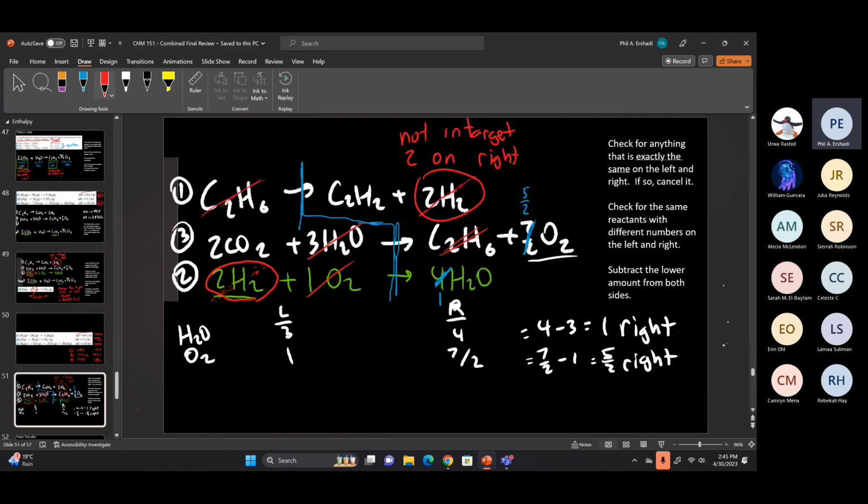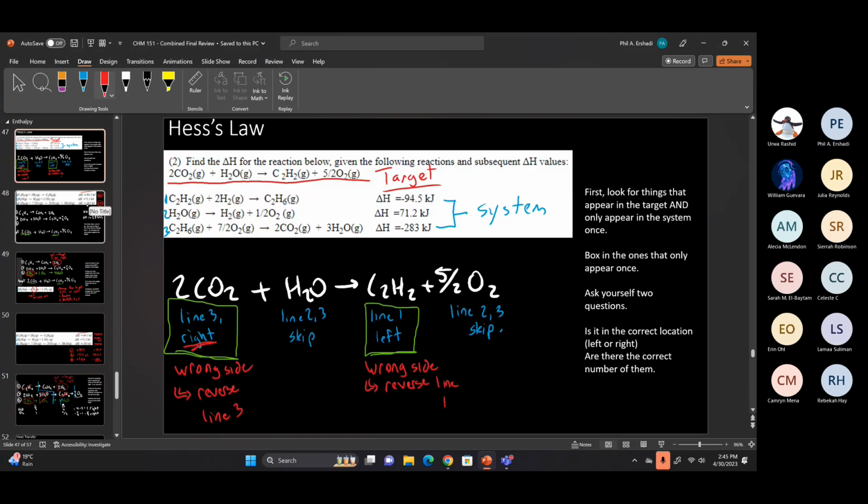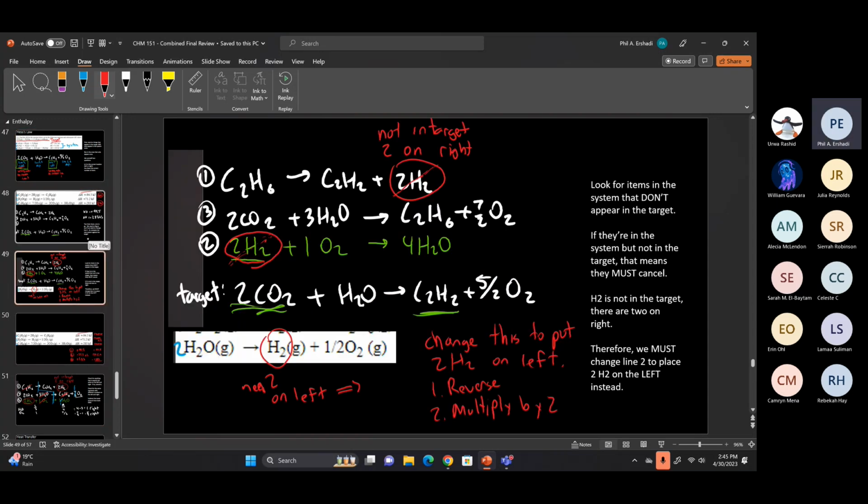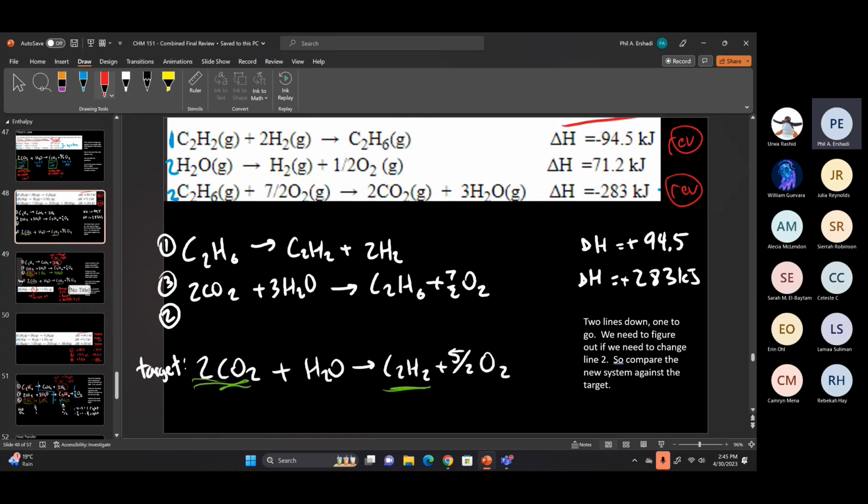All right. So let's look at what we have left here. We've got, let's see, CO2. Oh, I might have written it backwards here. Make sure I didn't make a mistake at some point here.